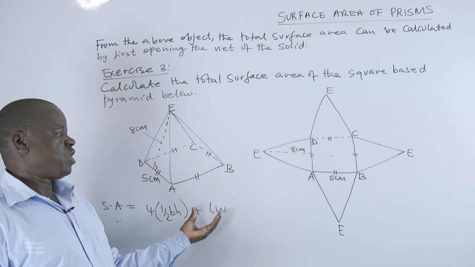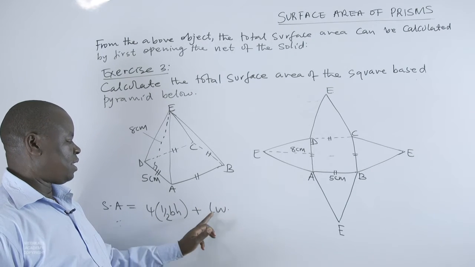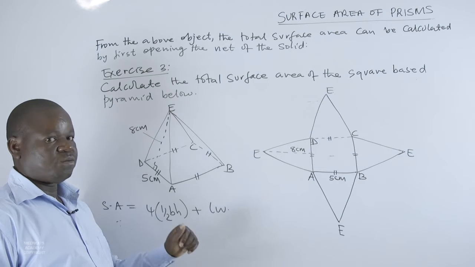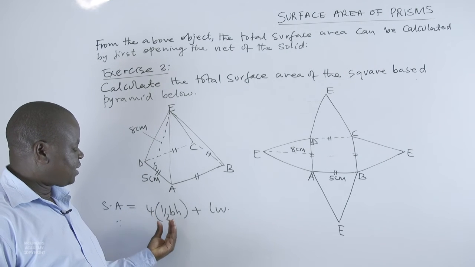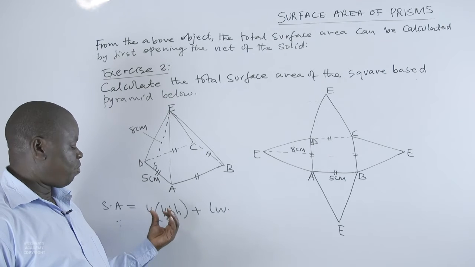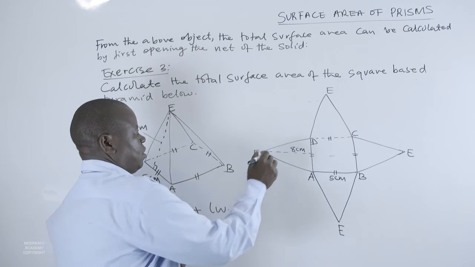So the general formula we use for this is 4 into a half BH plus L times W. Where 4 signifies the area of the plane triangular faces, because we say they are similar.